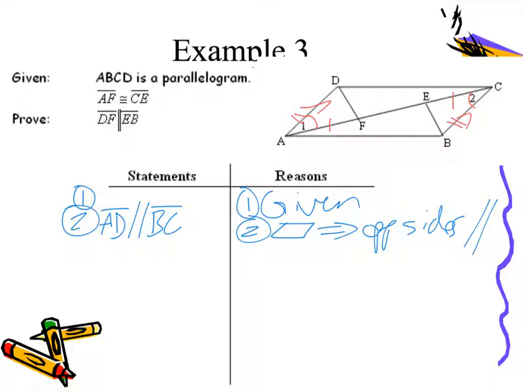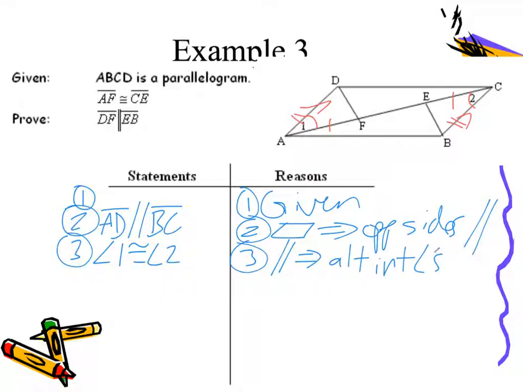That's technically the definition of parallelogram, but I'd rather you guys write it out because you might accidentally write definition of parallelogram for something that's not the definition. That's no bueno. So since those are parallel, I know that angle 1 is congruent to angle 2. If parallel, then alternate interior angles congruent.